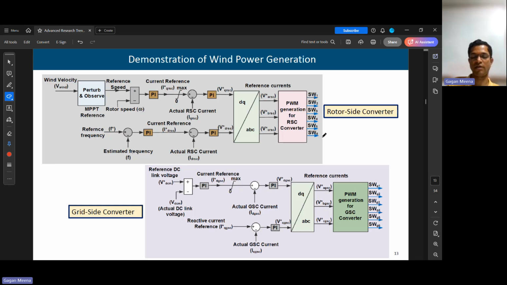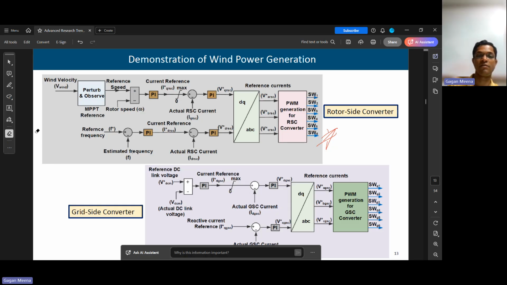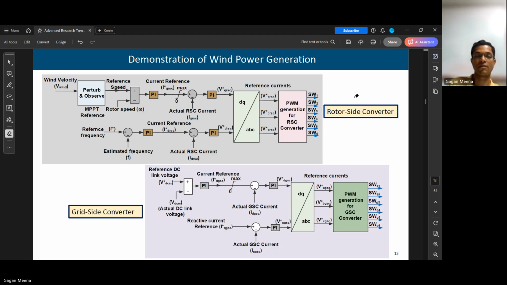Because of these converters, the grid side and rotor side converter are able to survive here.